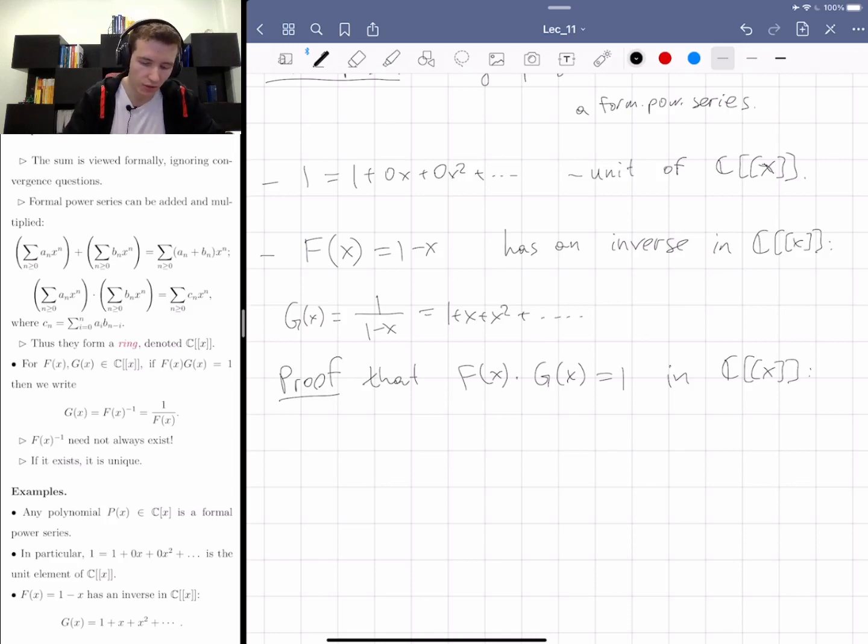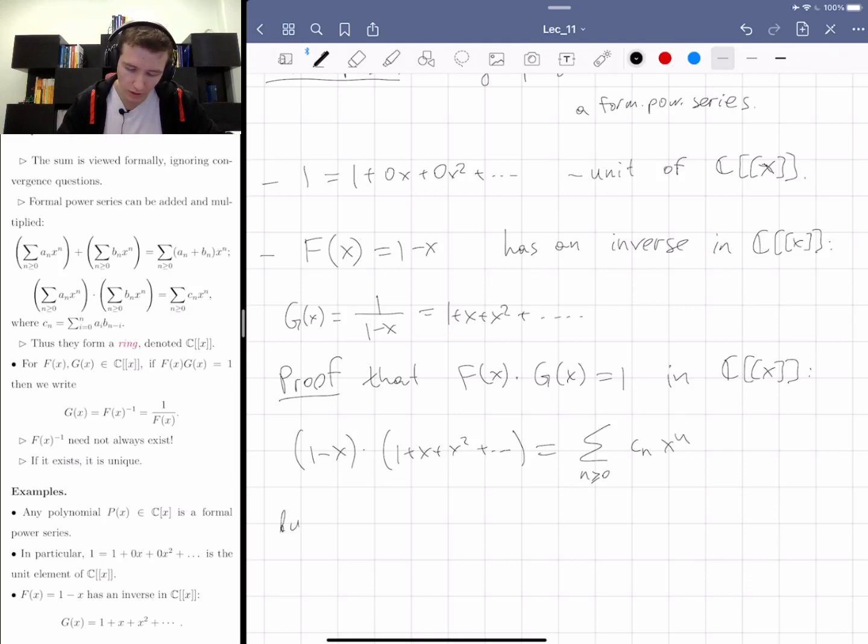So how do I do this? Well, I just use the definition. I just compute the product: 1 minus x times 1 plus x plus x squared plus etc. This is equal to the sum over n greater than or equal to 0 of c_n x to the n, by definition of the product of the two formal power series.